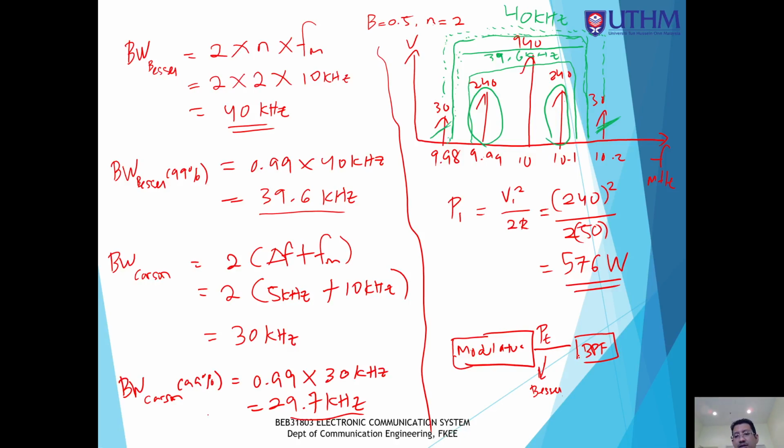And then there's another bandpass filter over here which will limit the spectrum. The question also asks to find the new total power, P total new. The bandpass filter eliminates the unwanted frequency spectrum, so for the remaining, you need to find the total power. This example reminds me of the previous final exam questions. We have asked this kind of question, I think once previously, regarding this difference of total power.